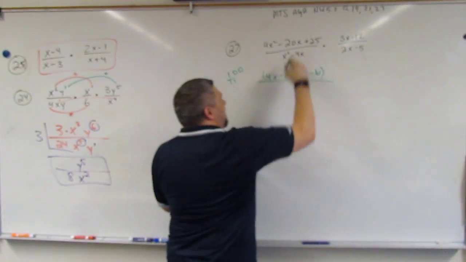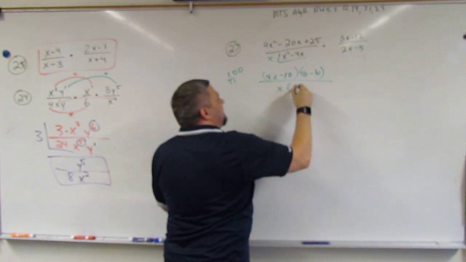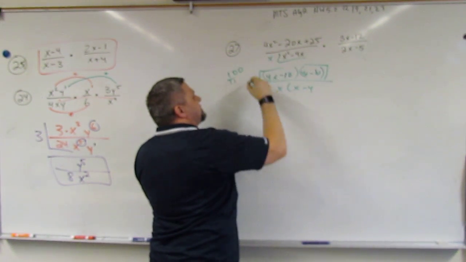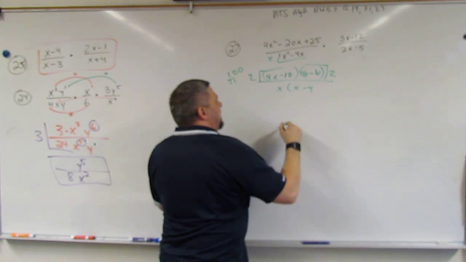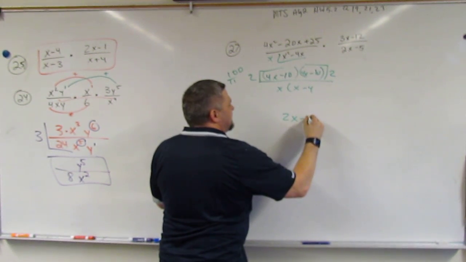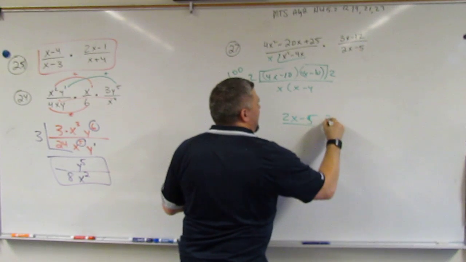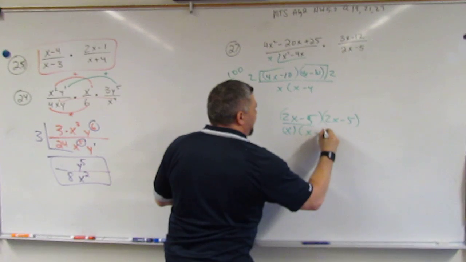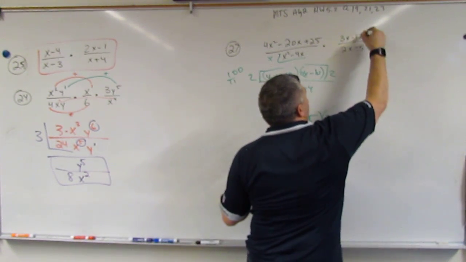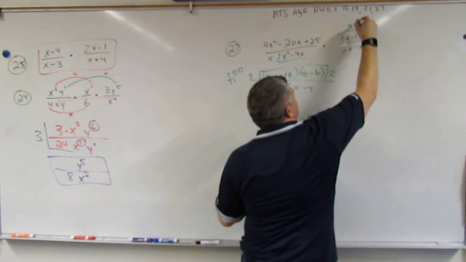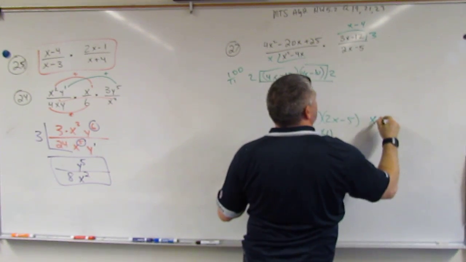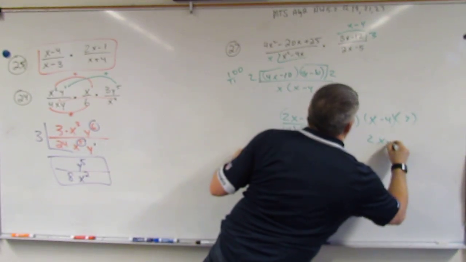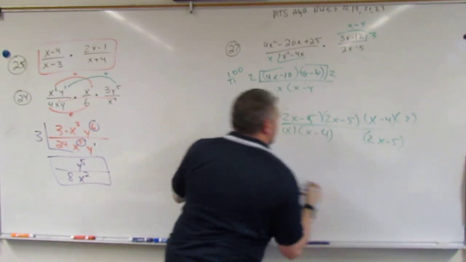We're going to pull this x out. We got x times x minus 4. Oh, remember, we're taking out a 4, which is 2 and 2, which is 2x minus 5. 2x minus 5, and x minus 4, and then we're going to pull out a 3, and I've got x and 4, and so we've got x minus 4 and 3, and then we got 2x minus 5, and what's in common?